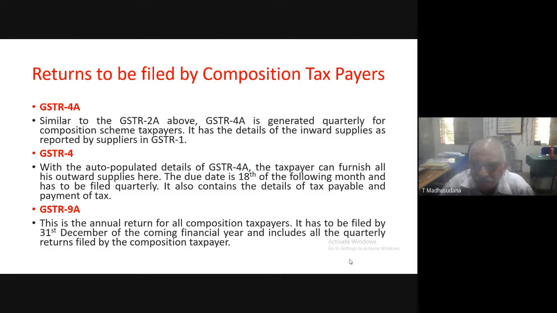It has to be filed by 31st of the coming financial year and includes all the quarterly returns filed by the composition taxpayer. Since it is an annual return, all the information relating to 4 quarters should be furnished. So the last date for filing GSTR 9A is December 31st of the next financial year. Okay, it includes all quarterly returns filed by the composition taxpayers.